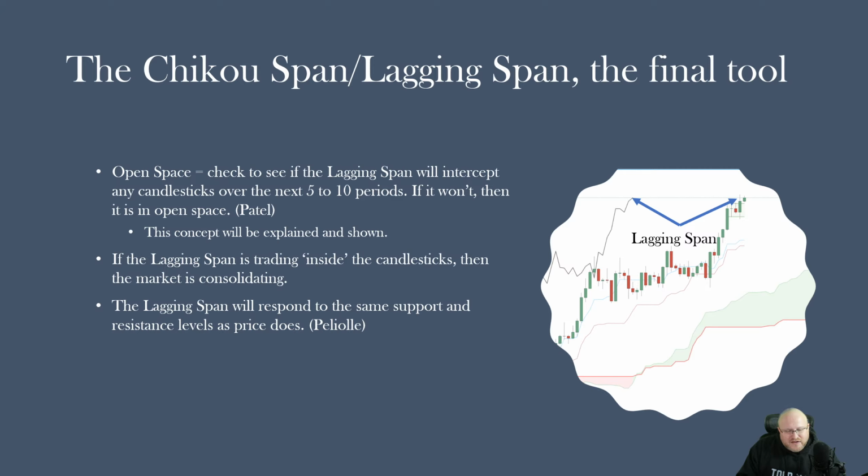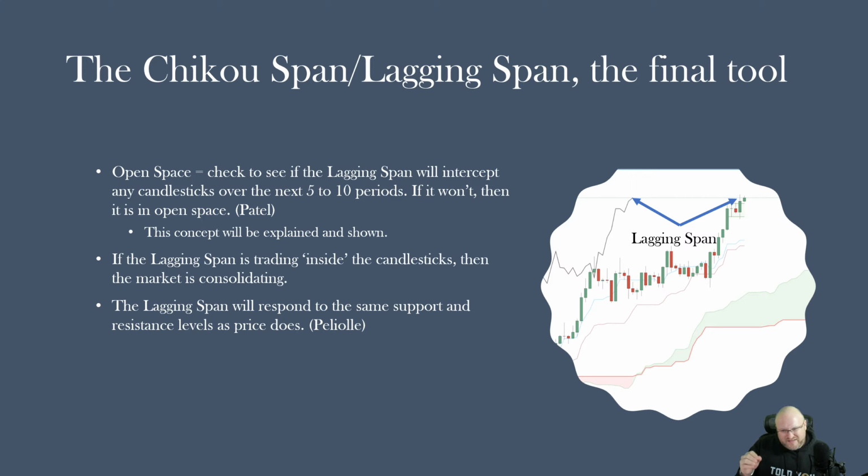Also, the lagging span can sometimes give you the warning sign that a market's consolidating. So if you see a market trading sideways and you're wondering, is it just short-term consolidation before it breaks out, or is this something that's going to last a little longer and then we get a pullback or a throwback? Watch where the lagging span is.